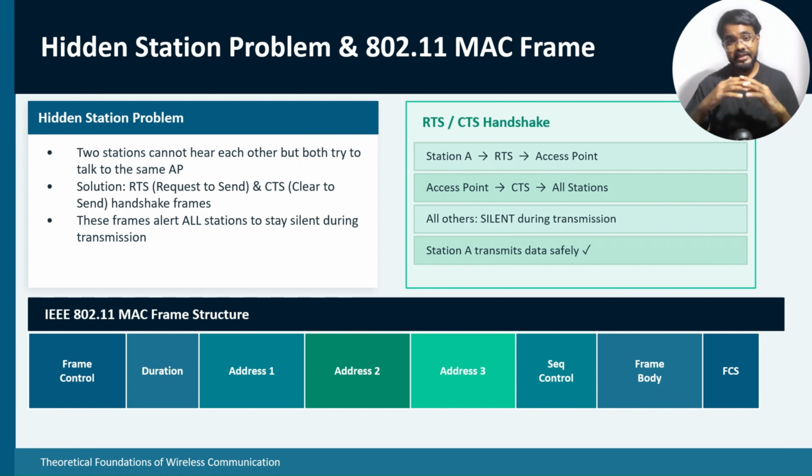To solve the hidden station problem, where two stations cannot hear each other but try to talk to the same access point at the same time, the protocol uses control frames called RTS, or request to send, and CTS, or clear to send. These handshake frames act as a reservation system, alerting all other stations to stay silent while the data is transmitted.